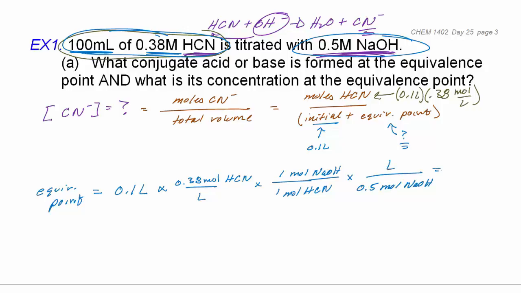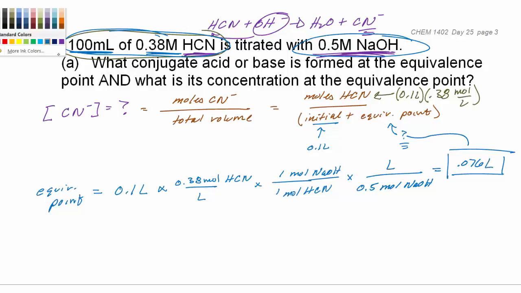I'm going to stop at liters, and that number is what I'm going to put in right there for equivalence point. 0.1 times 0.38 divided by 0.5, 0.076.